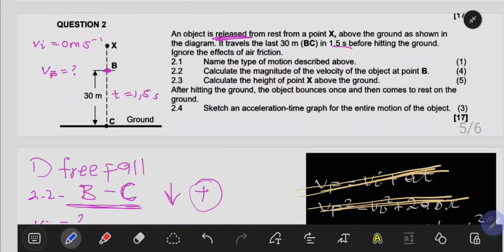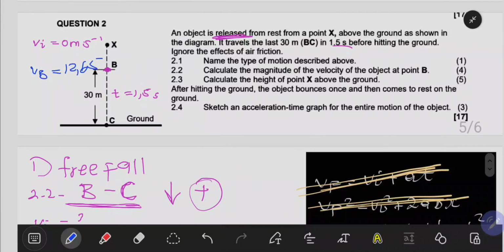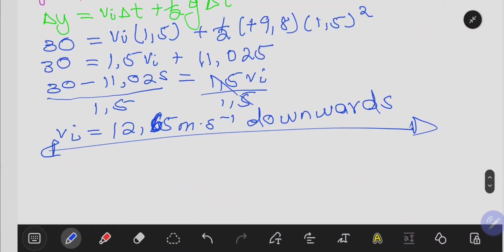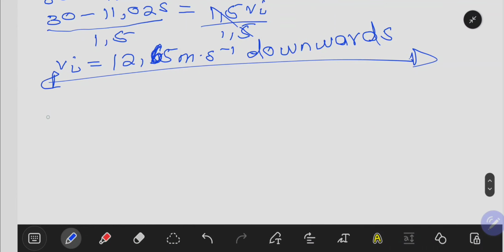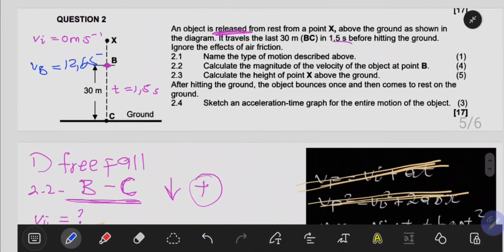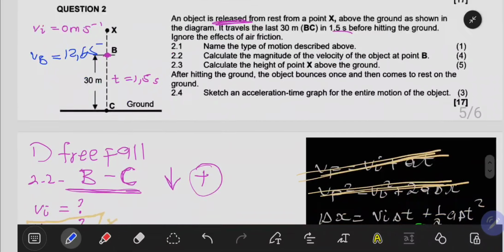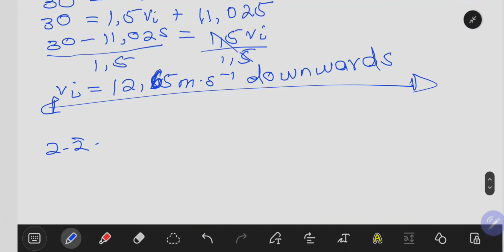So we know the velocity at B, we know that it's 12.65 meters per second. So if we consider the path XB, that is 2.3.